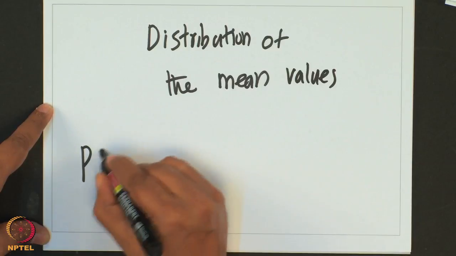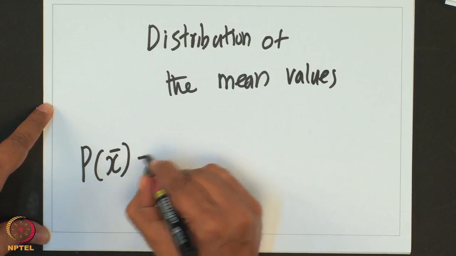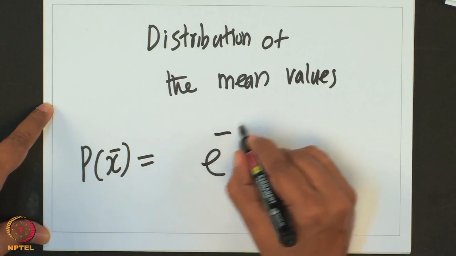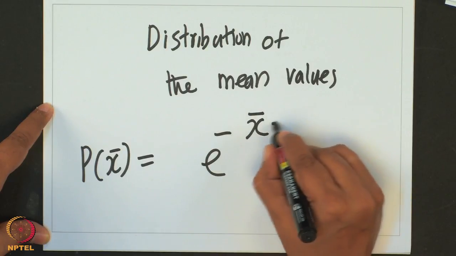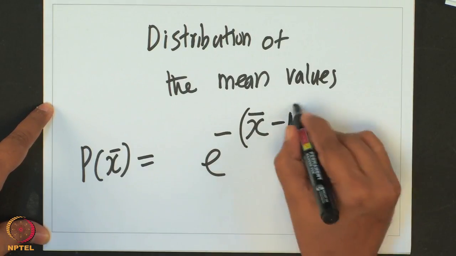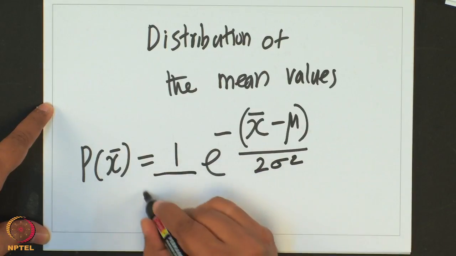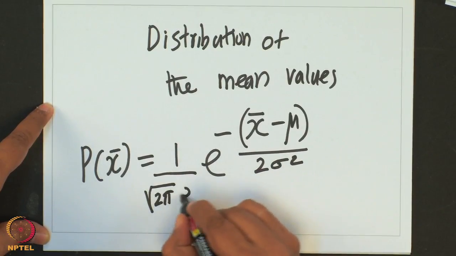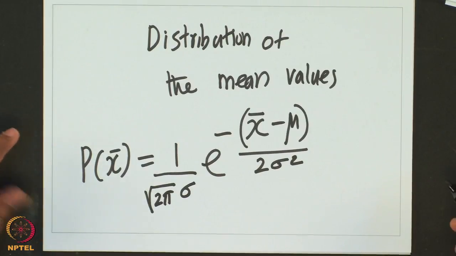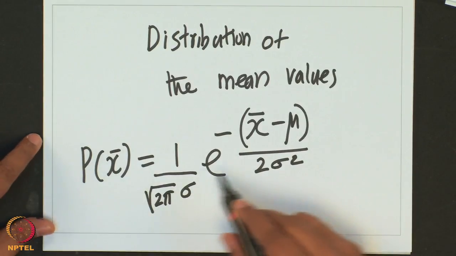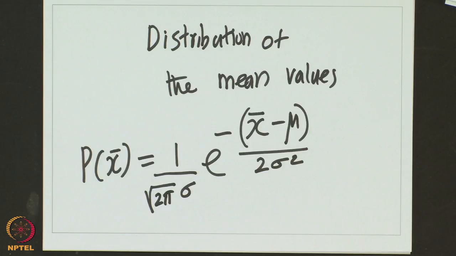I can write P of x bar. Of course, this also has to have a mean of the mean, so I would write x bar minus mu, divided by 2 sigma square, with 1 by root 2 pi sigma in front. So this would be the distribution of the mean itself.